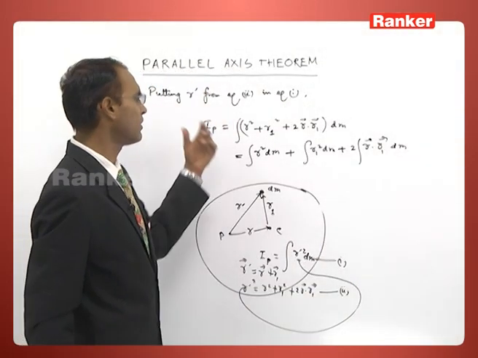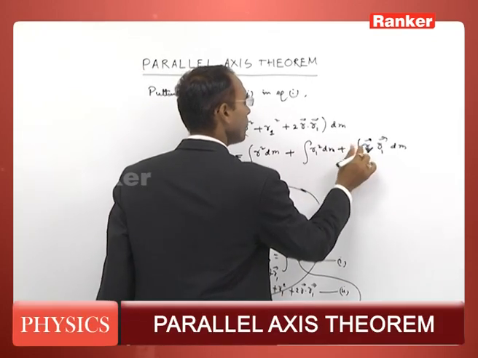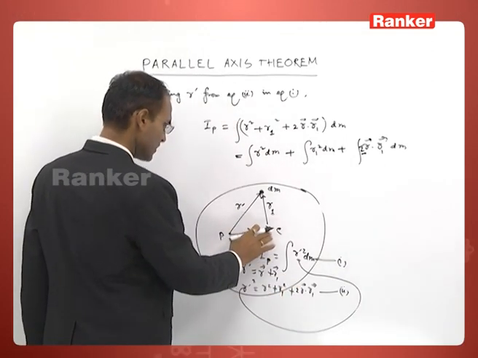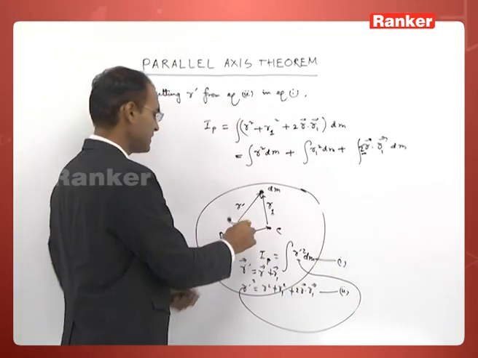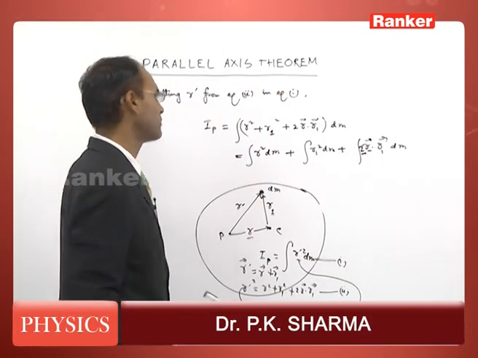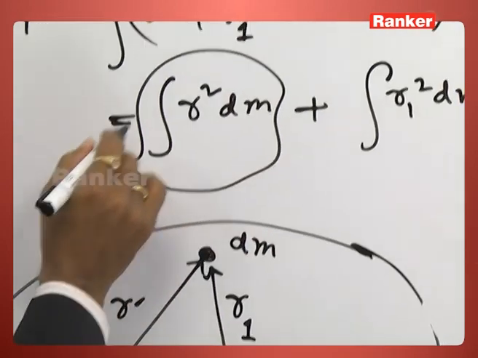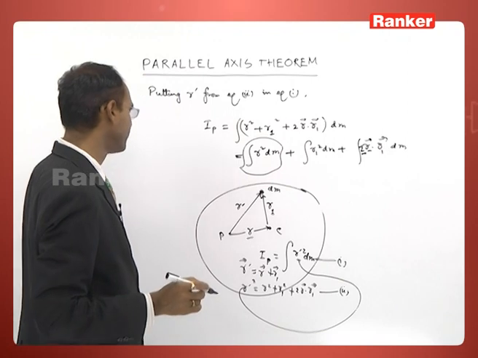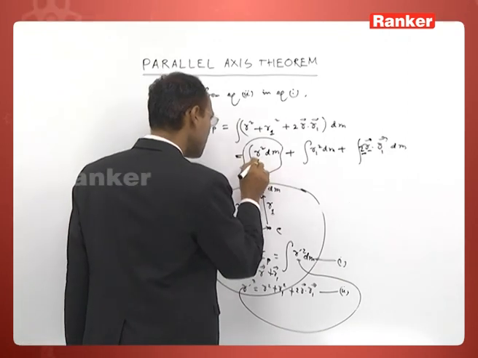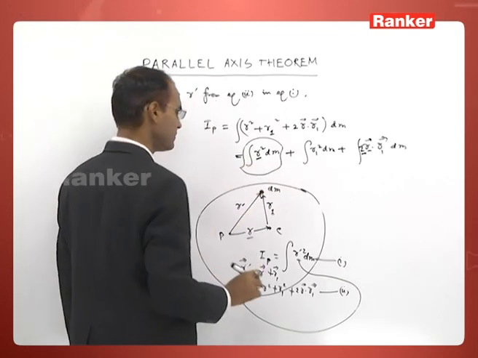You can pull 2, which is a constant quantity, and r, the distance between these two axes, out of the integral in the next step. In the term r square dm, r is a constant quantity. What is r?